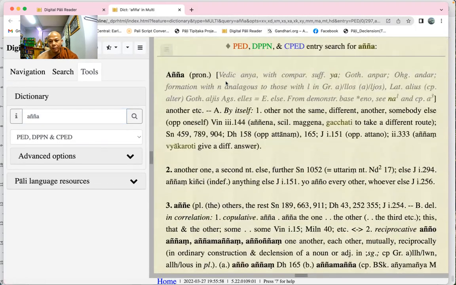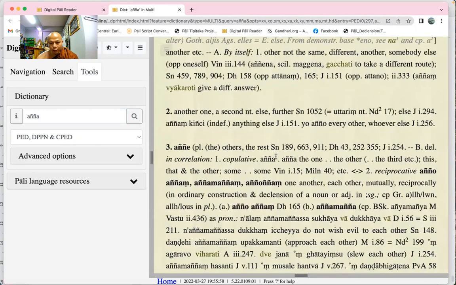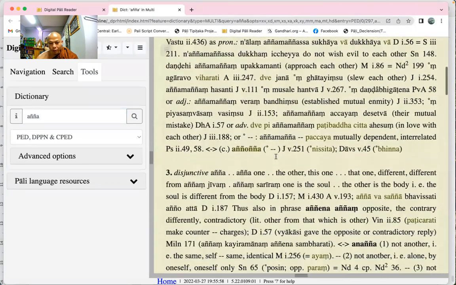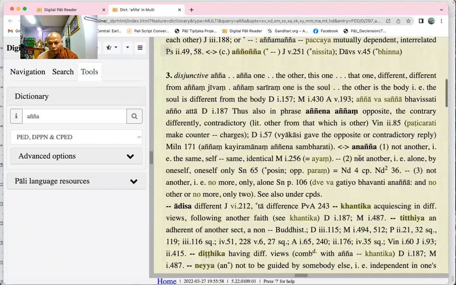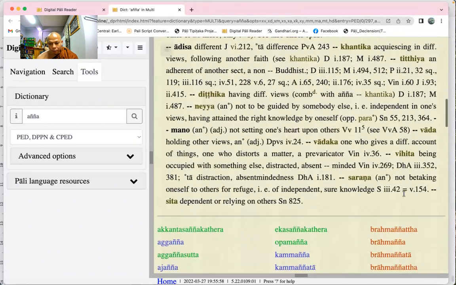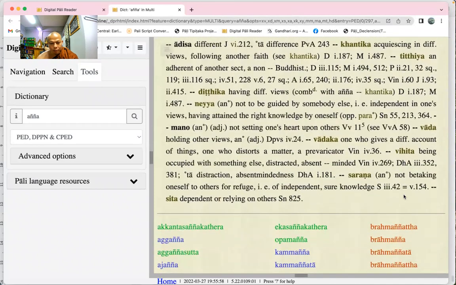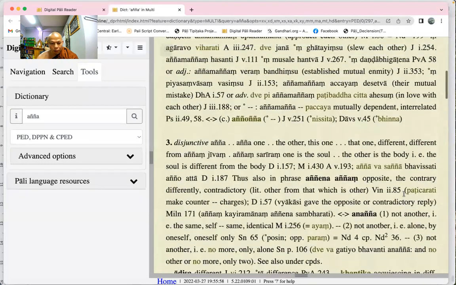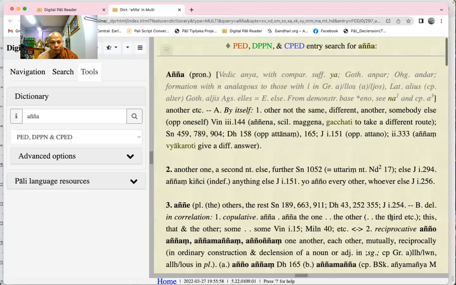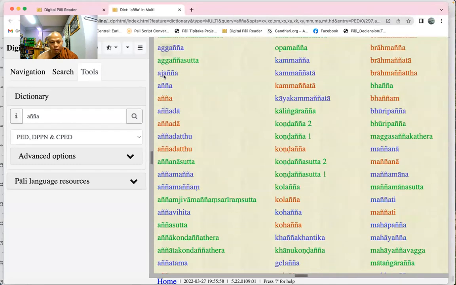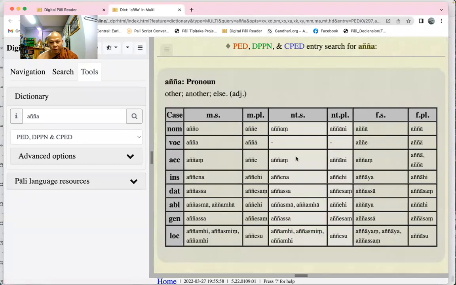Here inya is a pronoun. In the feminine gender, there is a typing mistake: not inyasa, actually inyesa.